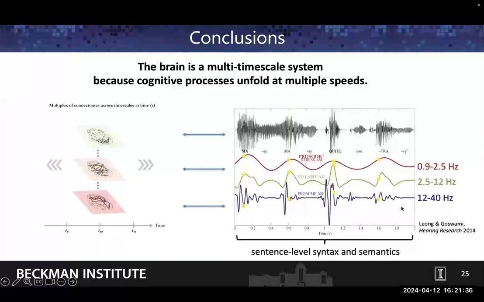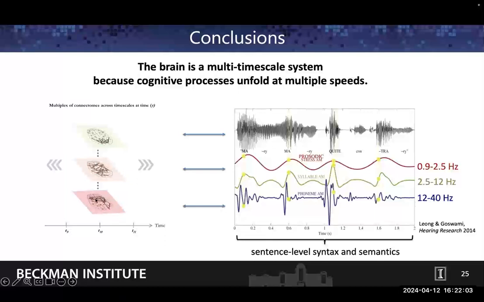So the bottom line is that what we think is happening in the brain is that at one given moment in time, we don't have such a thing as one connectome state. It could be that at a relatively rapid time scale, if we filter the EEG data in this really rapid time scale, we might find connectivity that is in a particular brain state.